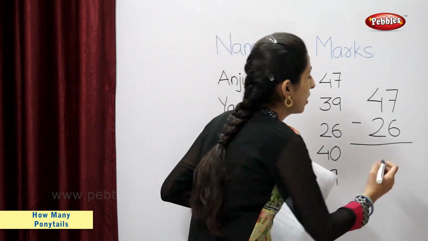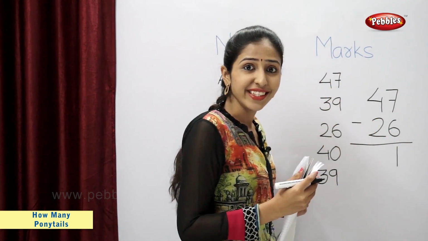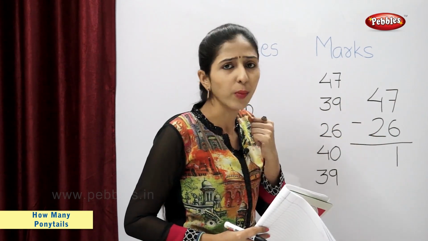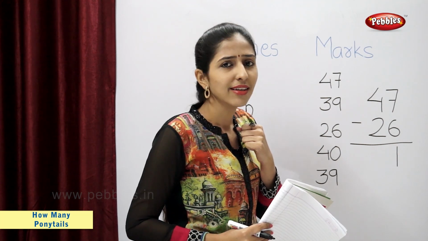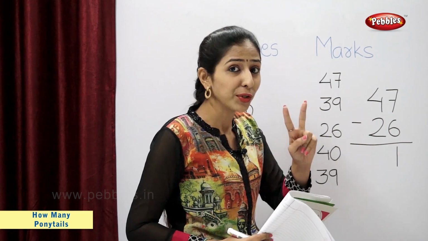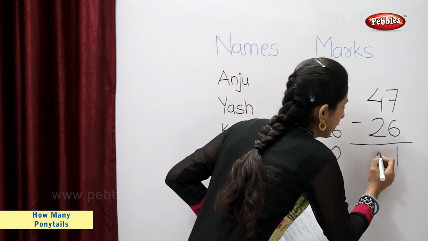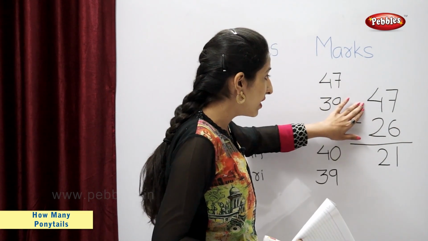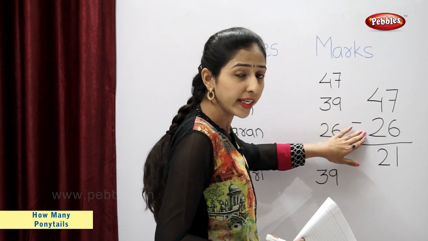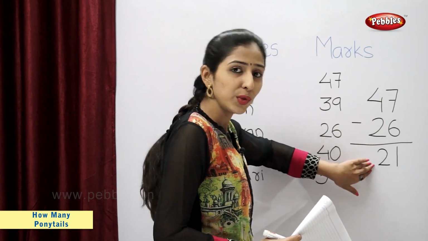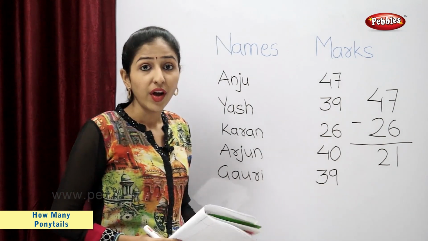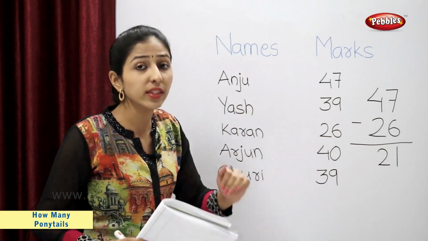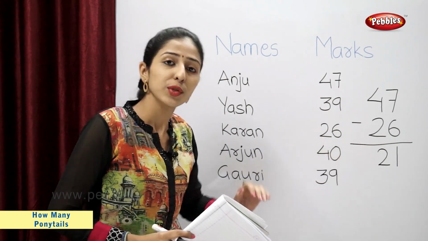That is 1. And 4 minus 2 is how much? Correct. 2. So, 47 minus 26 is equal to 21. So, the difference between the highest score and the lowest score is 21 marks.